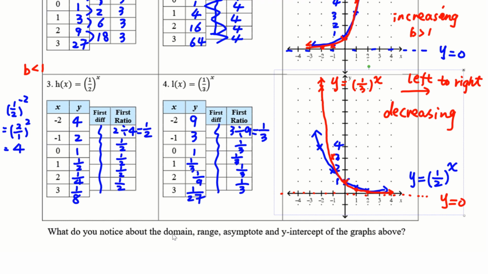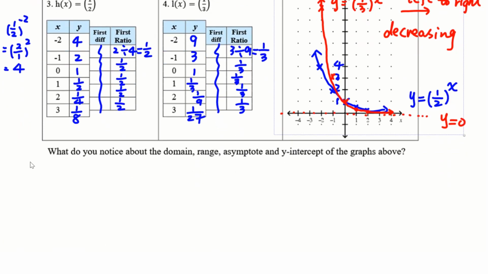So what do you notice about the domain, range, asymptote, and y-intercept of the graphs above? For the domain, there are no restrictions for x. So the domain is x belongs to all real numbers, from negative infinity to positive infinity.